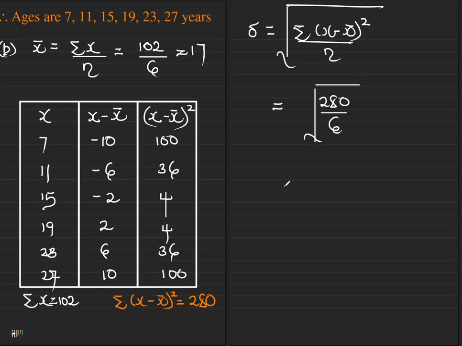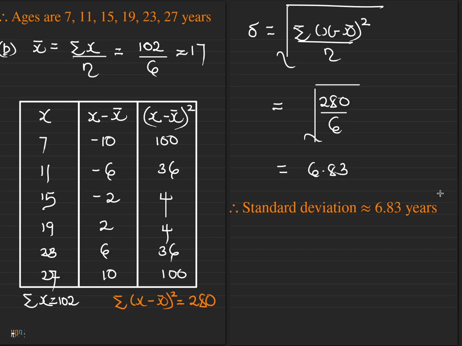Then we find its square root. At this stage, you can just punch this on your calculator, which will give you 6.83. So we conclude by saying, therefore, the standard deviation of the ages is approximately 6.83 years. And that ends this question.